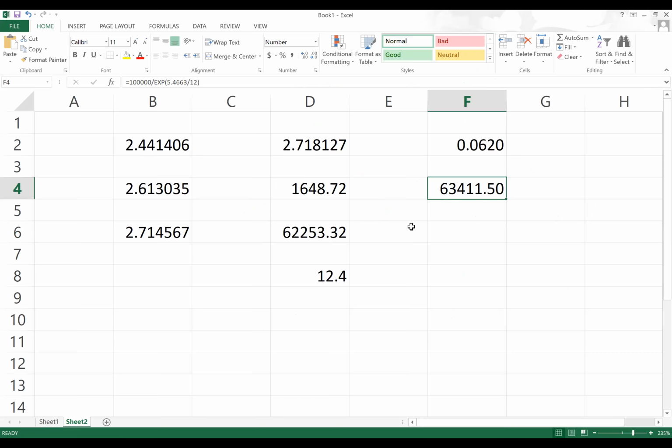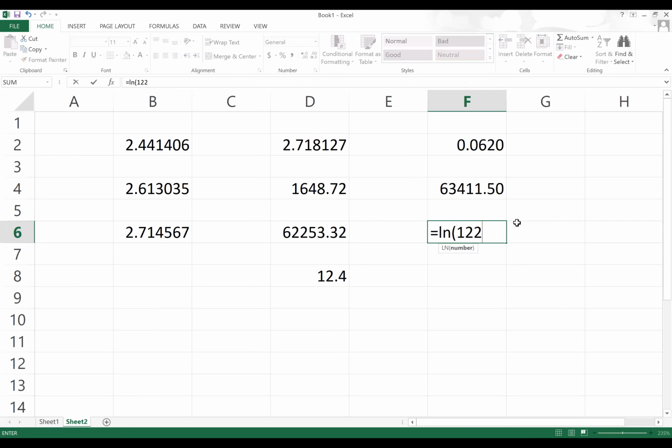Okay, so let's put it into Excel. So here we go: ln of 123,822 divided by 98,789.